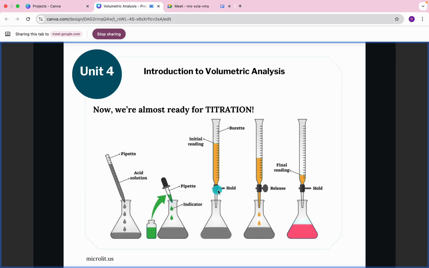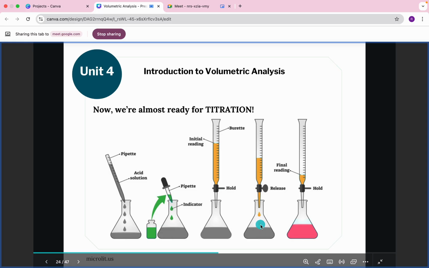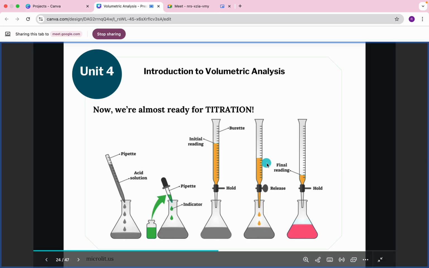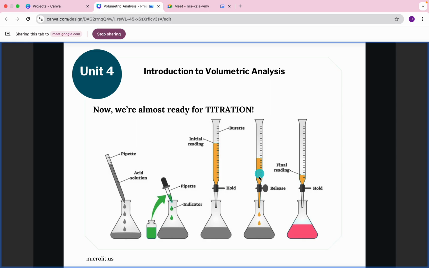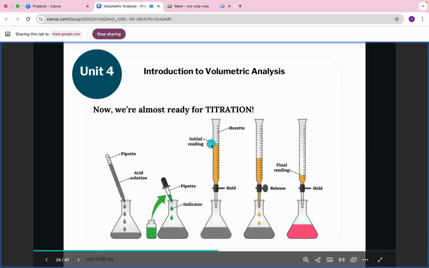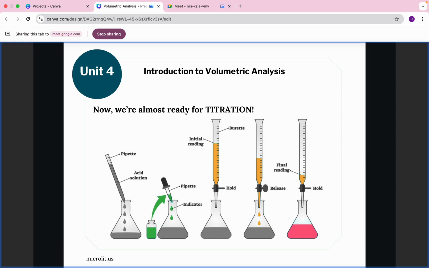This can be opened and closed, or what we call hold and release. It can dispense drop by drop, at a very slow, steady pace, or it can be very fast. So you need to be able to control the opening and closing of this burette.